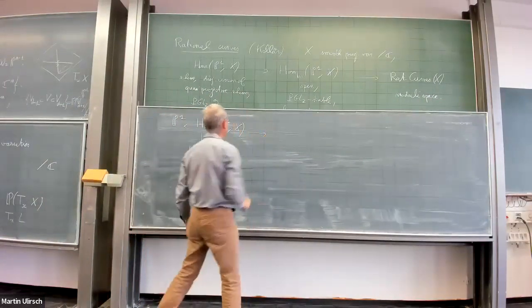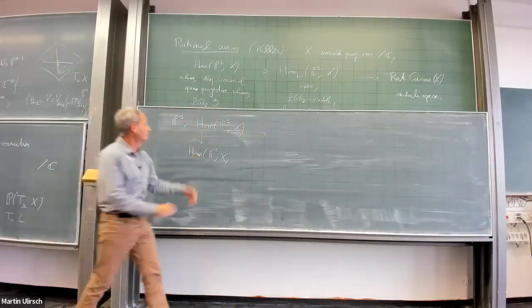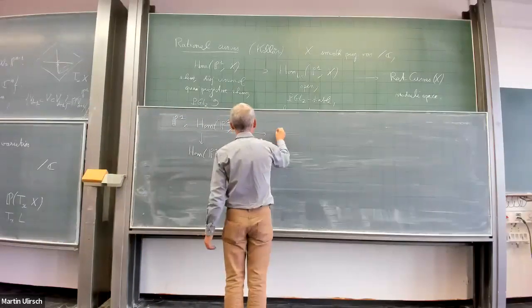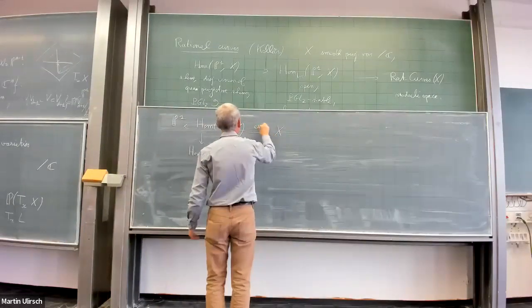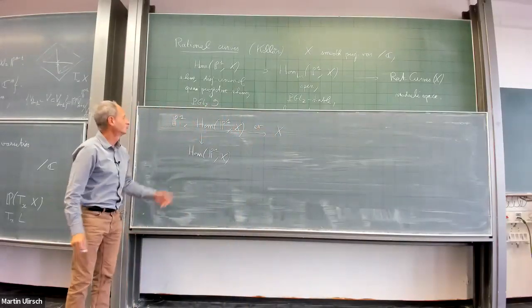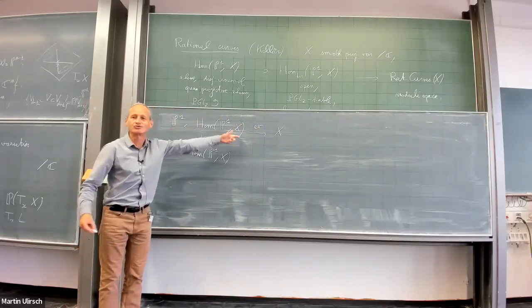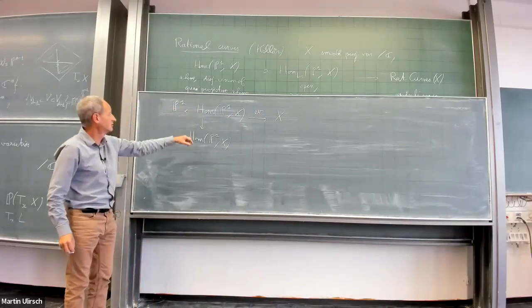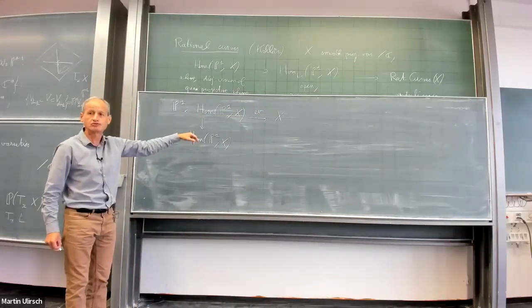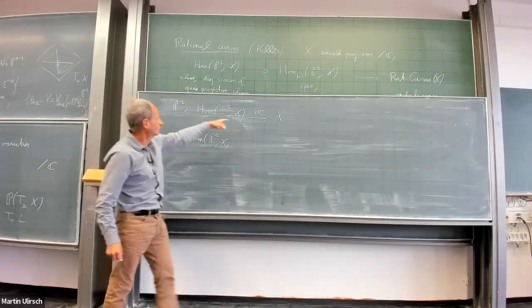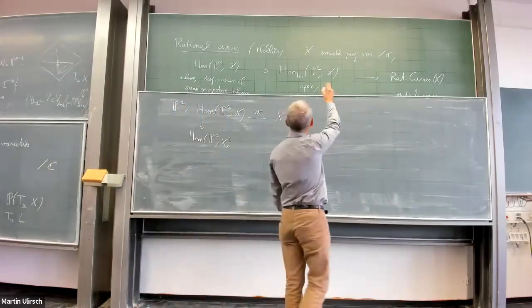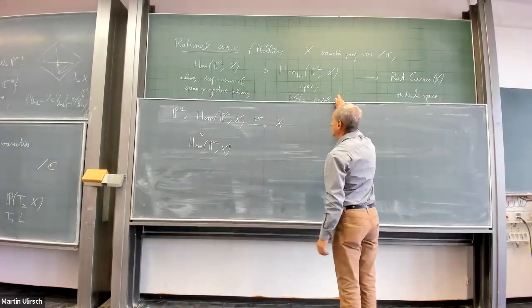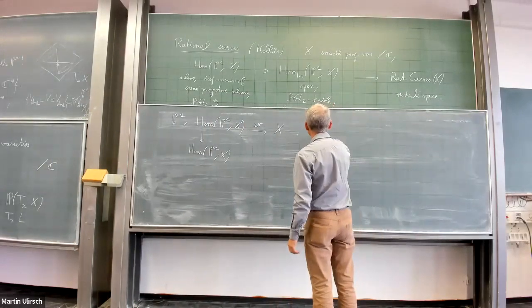And you have a natural map, which is just evaluation. You have a parameter on the map, you just get a point. And all these maps are equivariant for the action of PGL2. This one is equivariant, this one is invariant. So after taking the quotient, you get something like this.